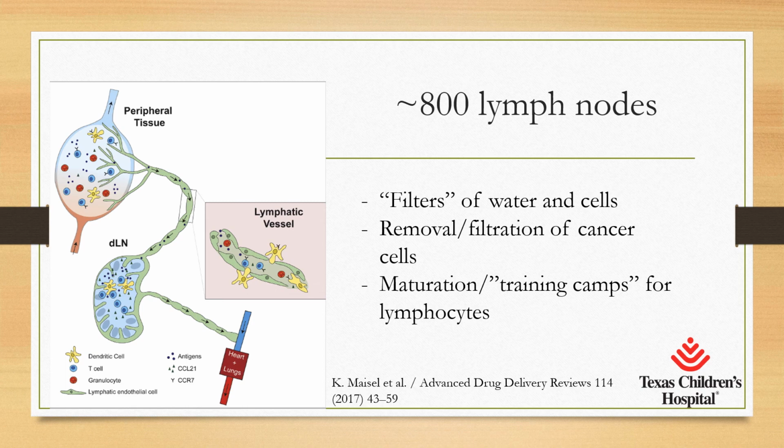So the lymph nodes will filter some of the water that is absorbed in the lymphatic vasculature, and will also filter some of the cancer cells. If you remember, this is one of the reasons why the lymph nodes closest to an area of a malignancy will be invaded first.